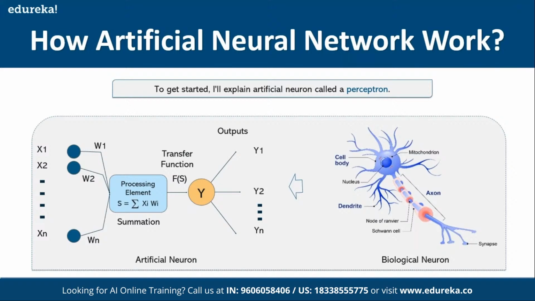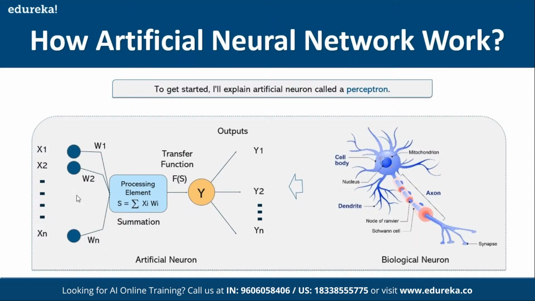So this is an artificial neural network, how it looks by image. Here we have a biological neuron and an artificial neuron. The dendrite receives the data.